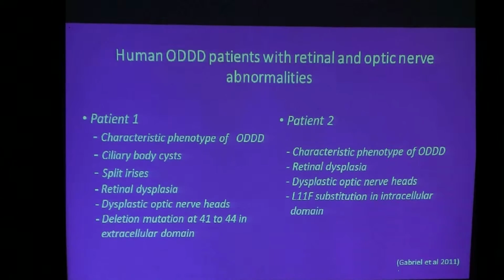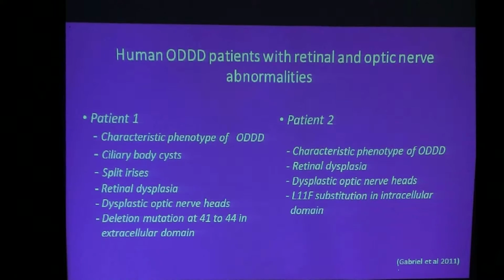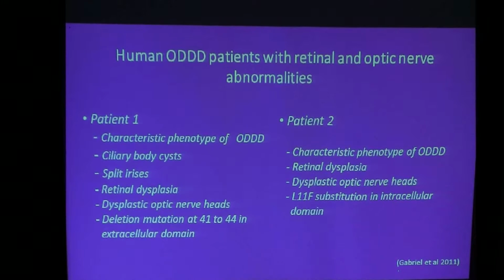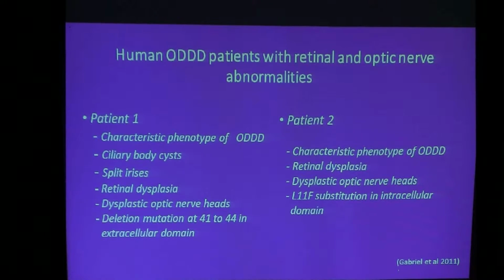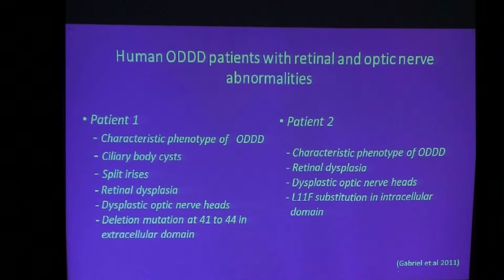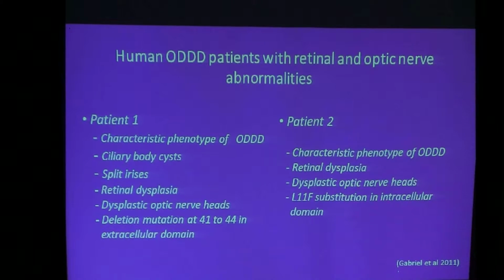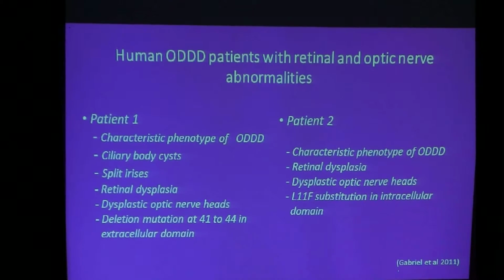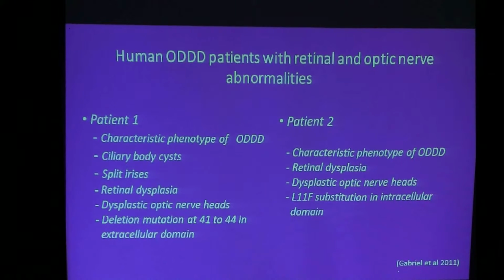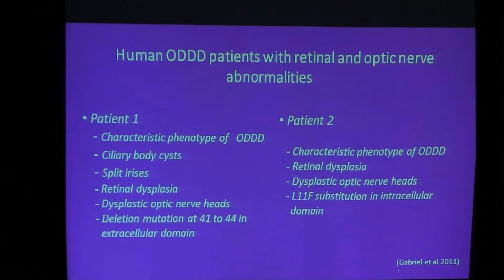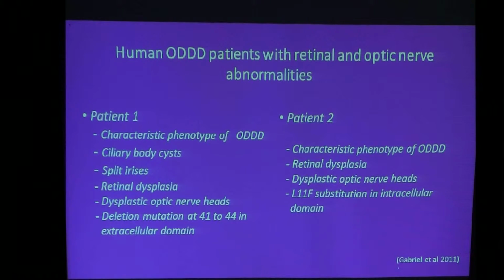In the research by Gabriel et al. in 2011, human ODDD patients with retinal and optic nerve abnormalities were analyzed, and there were two patients. Patient one, with a deletion mutation at positions 41 to 44 in the extracellular domain of gene GJA1, showed the characteristic phenotype of ODDD with ciliary body cysts and split irises, and two new symptoms: retinal dysplasia and dysplastic optic nerve heads.